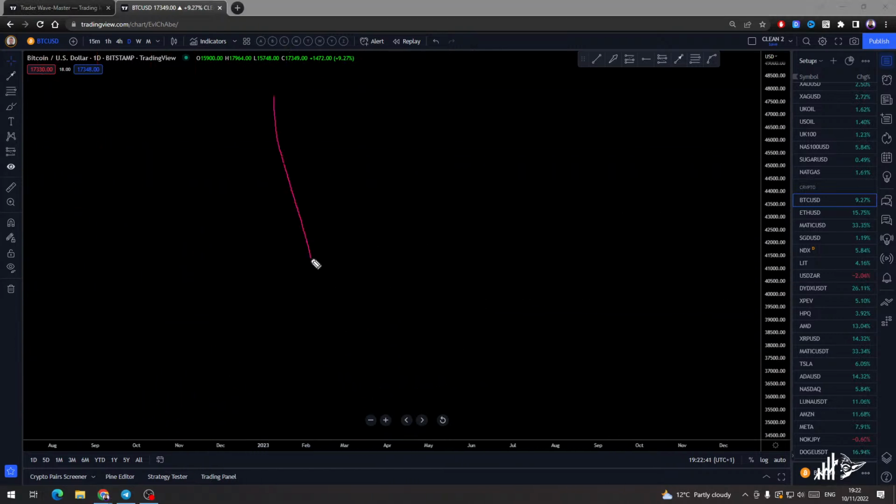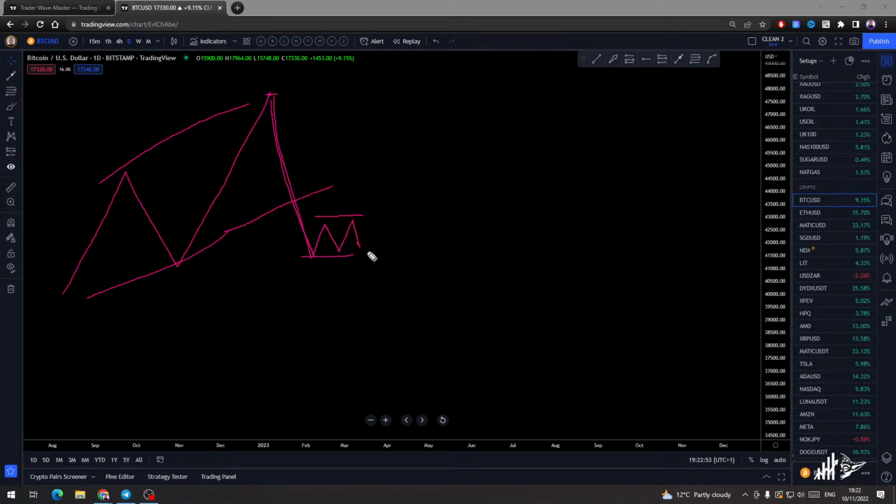If it drops, I can rely now on this one, especially if this is the high, for example. I can rely now on this drop until I get the confirmation. If I get the confirmation over there, then I can rely on this impulse and count it as a valid one. Then this impulse is valid. Why? Because of the correction.